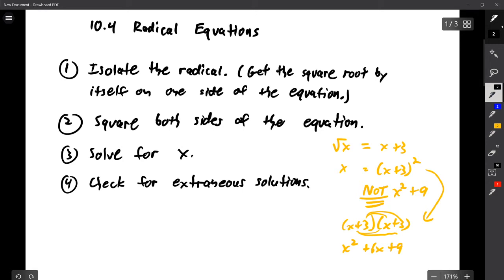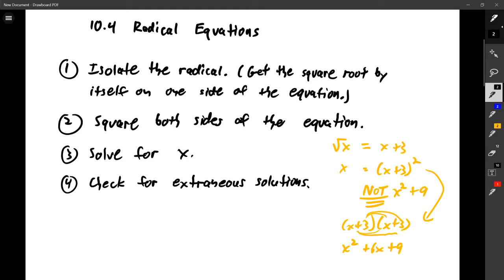And here's what's going on. Whenever you're going to solve and you end up with an x squared as part of what you're trying to solve to figure out what x is, and you get two different answers, it could be that both answers work, but most likely one answer will work and the other one will not. And the one that does not work is called an extraneous solution.